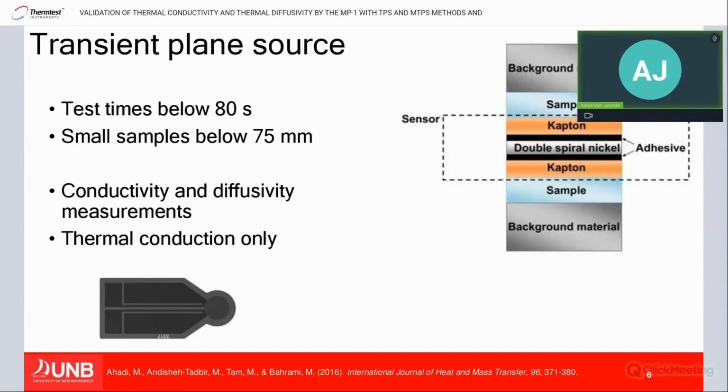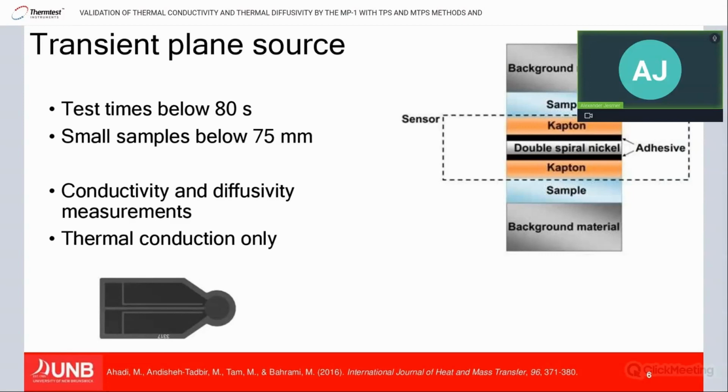So to move on to the actual method that we'll be using, we're using the transient plane source method to make these measurements. Compared to steady state methods, transient plane source has some advantages, such as the test times being quite low, typically between 1 and 80 seconds. And you can use really small samples, below a couple of inches in diameter.